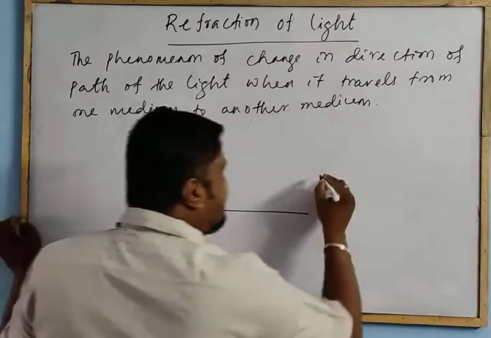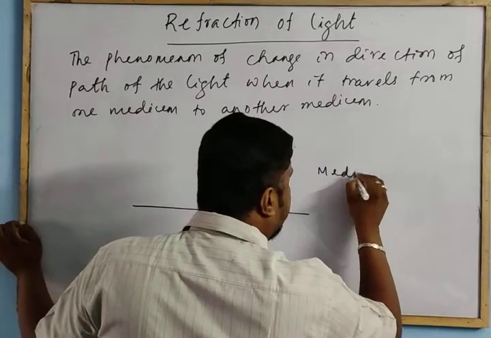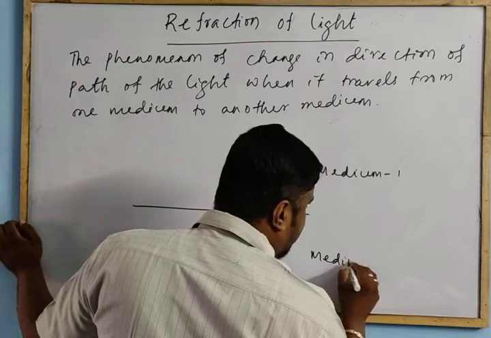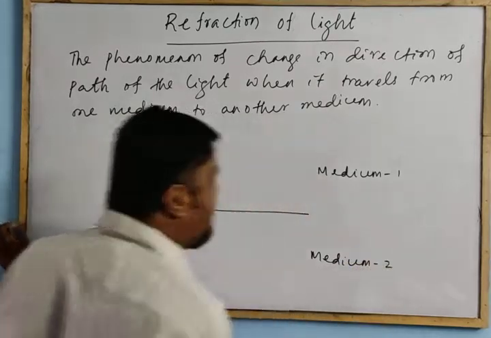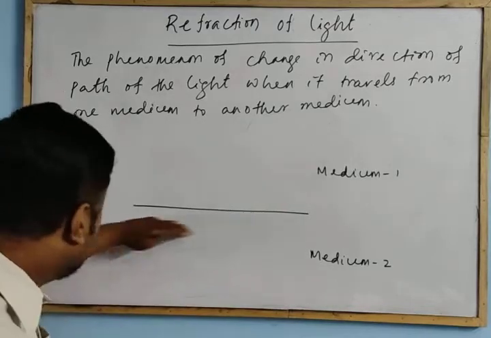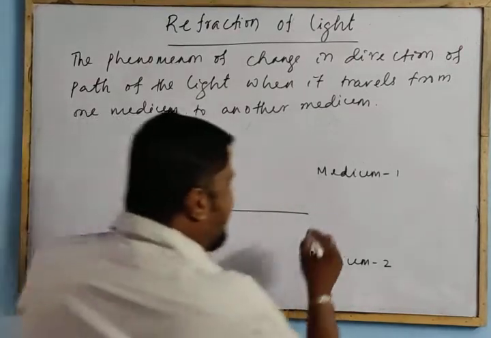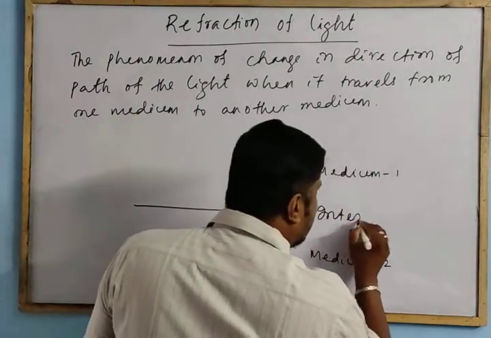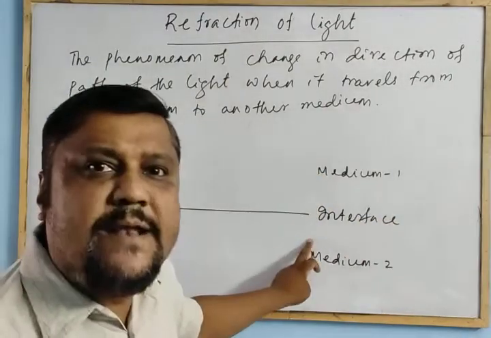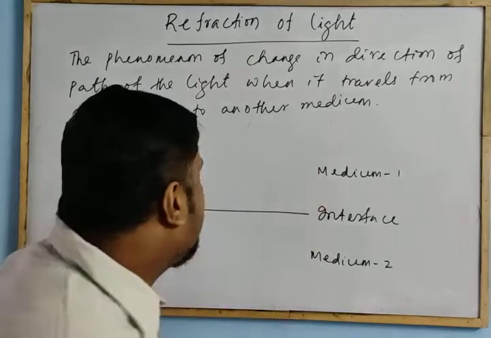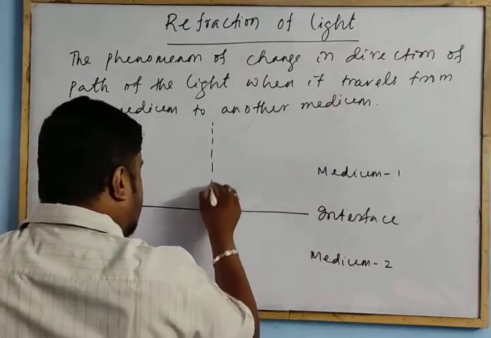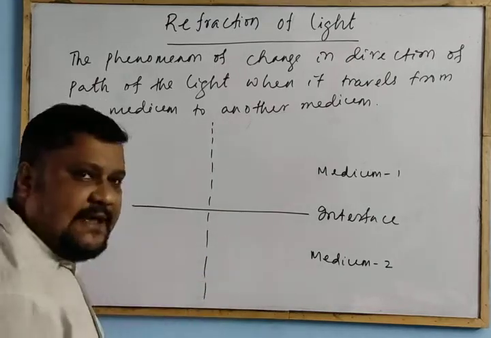Let us consider this is medium 1, and there is another medium 2. There are two media, medium 1 and medium 2, and this boundary is called the interface, the interface of the two media. If we draw, this is the normal to the interface.